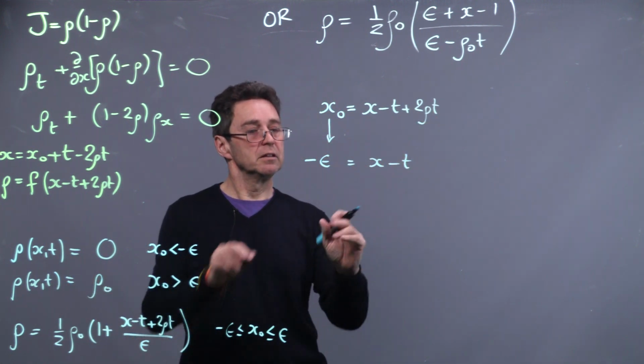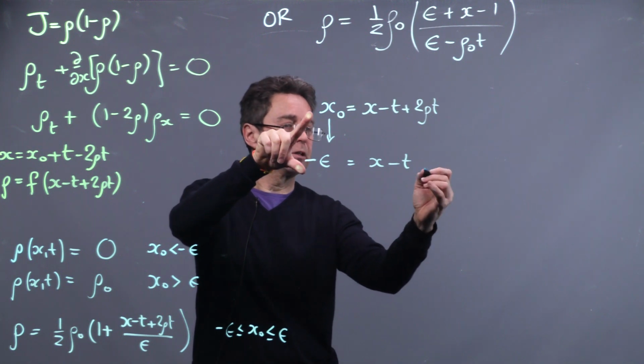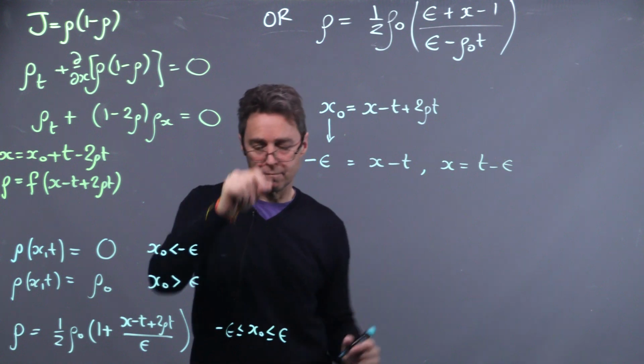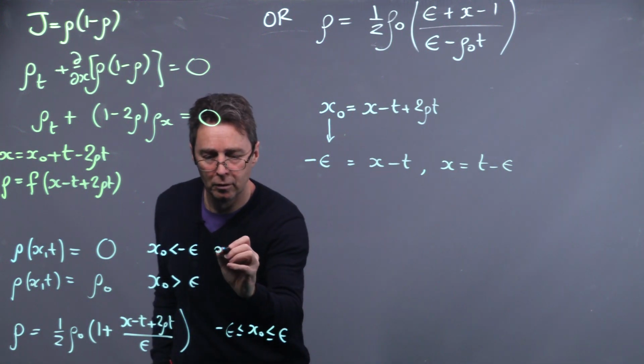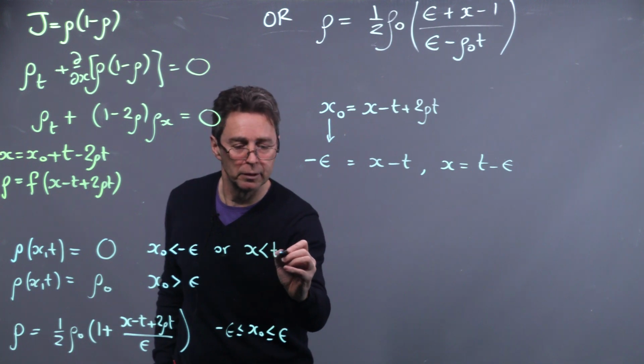So that's 0. So actually, x0 is equal to minus epsilon corresponds to x is equal to t minus epsilon. So that's when x is less than t minus epsilon.